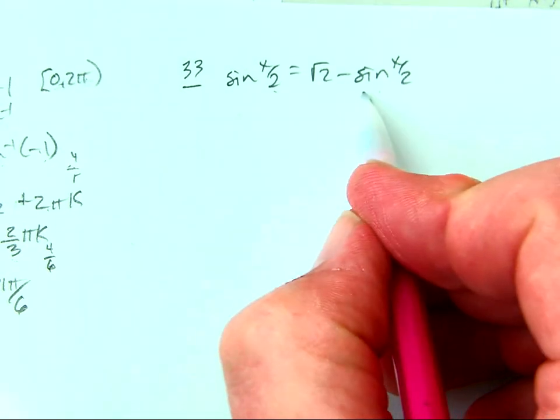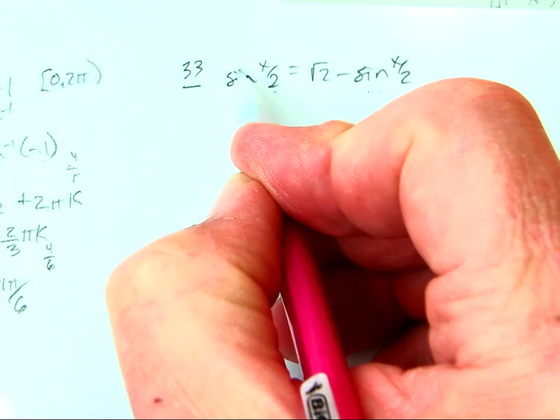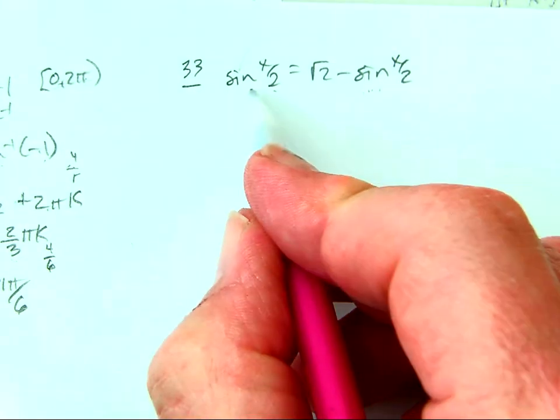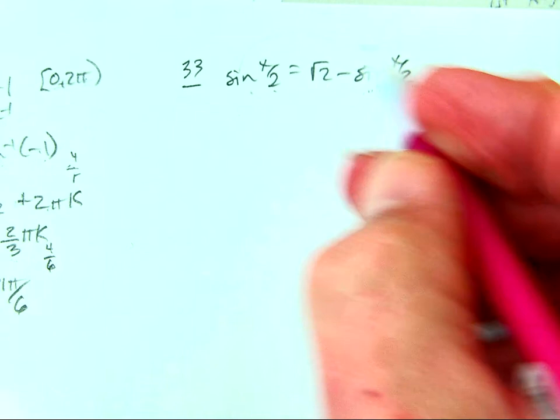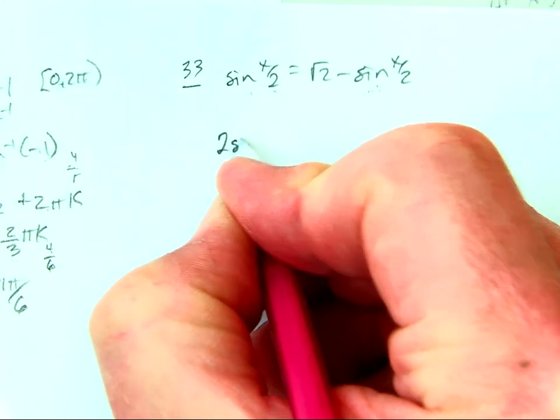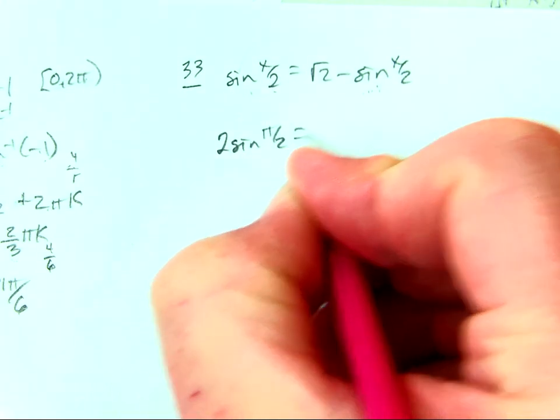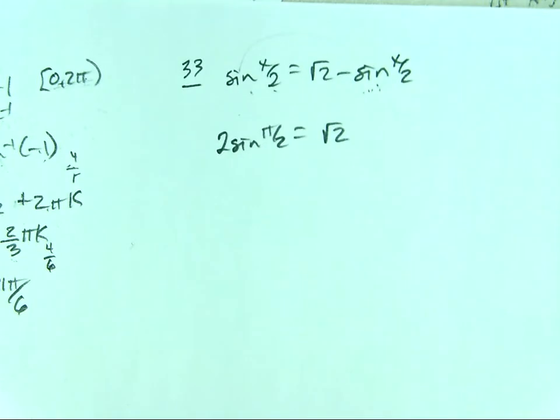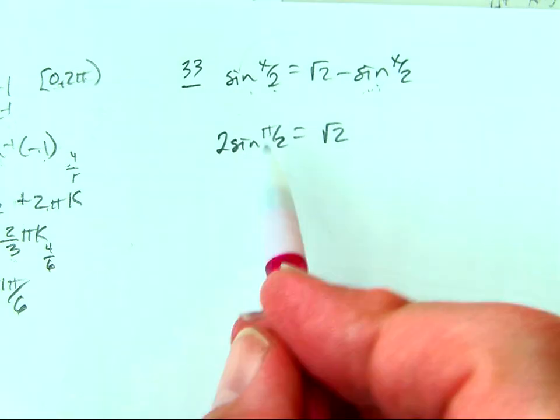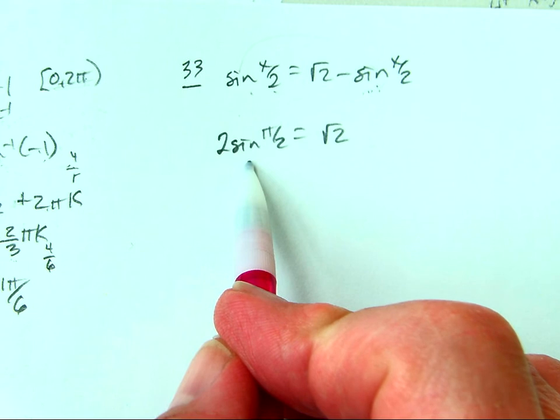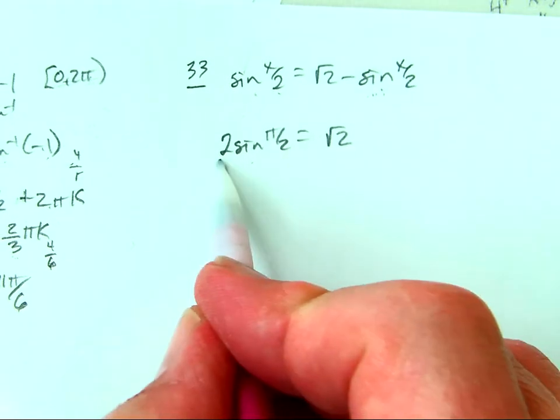So let's take this sine of x over 2 and add it to the other one to move it to the other side. If I have a sine of x over 2 and another sine of x over 2, that's 2 sine of x over 2, and we're left with radical 2 over here. So now we have a single trig function, just sine, and we want to isolate it. We need to get rid of the 2.